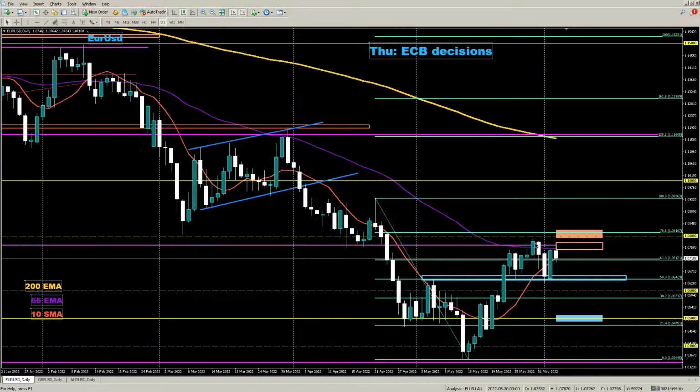where it has been on a roller coaster, climbing up to slightly go past the resistance zone and then fell back into the support and then climb back up again into the same resistance zone.